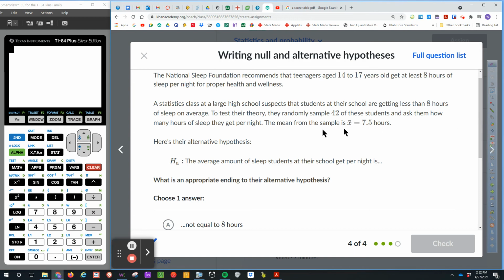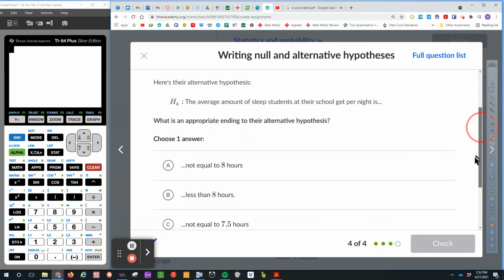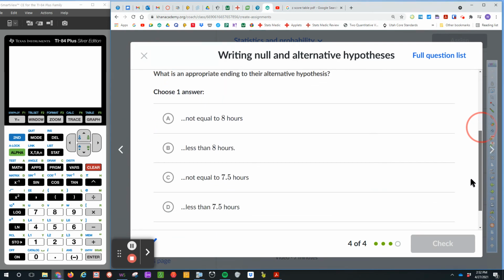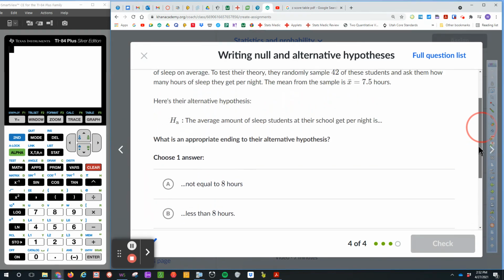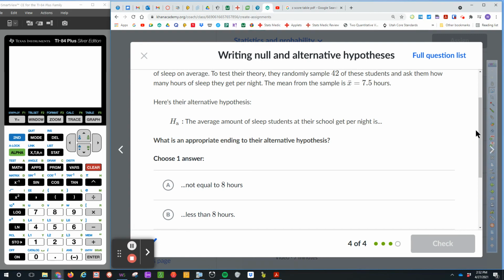So when you do a hypothesis, the average amount of sleep students at their school get per night is, so what's the claim? The claim is at least 8 hours of sleep, right? At least eight. We cannot use less than or equal to, we have to use equals.